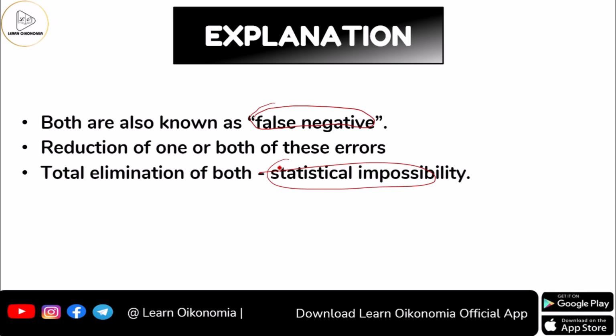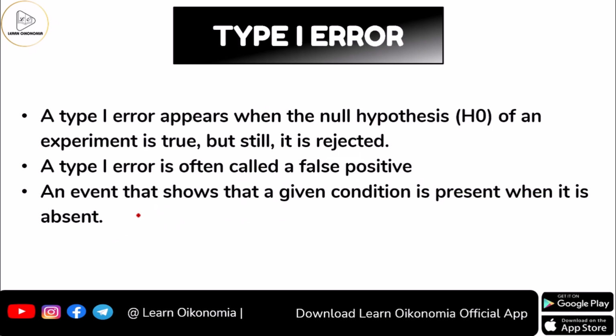So at least one of the errors should be reduced. Especially researchers would like to reduce the type 2 error because the type 2 error is something that is dangerous. You would be accepting a false hypothesis. Accepting a false hypothesis is more dangerous than the type 1 error.